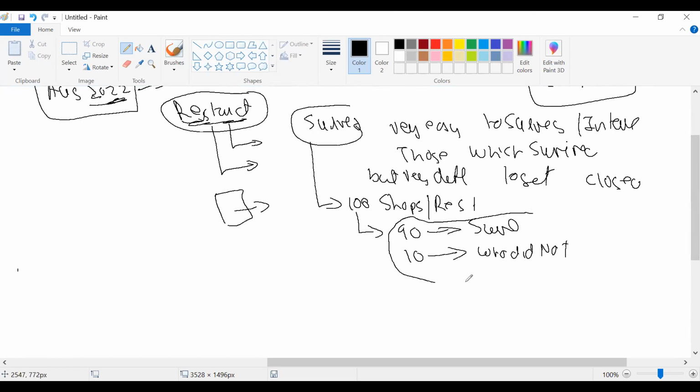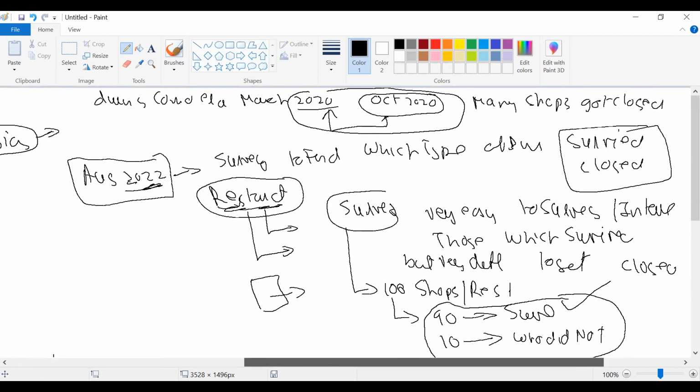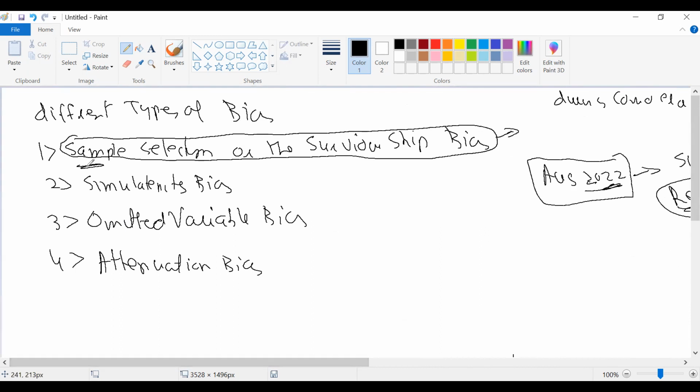अब क्या होगा? Your model would be biased towards the survived. You will get to know many scenarios through which you can survive, but you will get very less conditions for the not survive. जो बचा ही नहीं उसको इंटरव्यू करोगे. So this type of thing is known as your survivorship bias or sample selection bias.